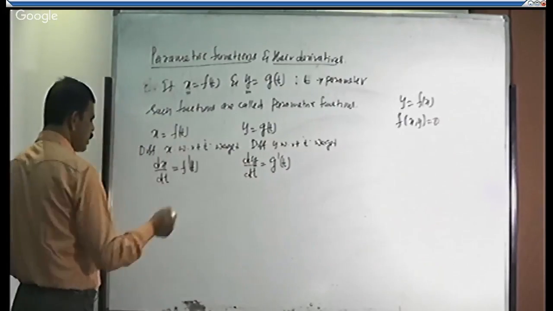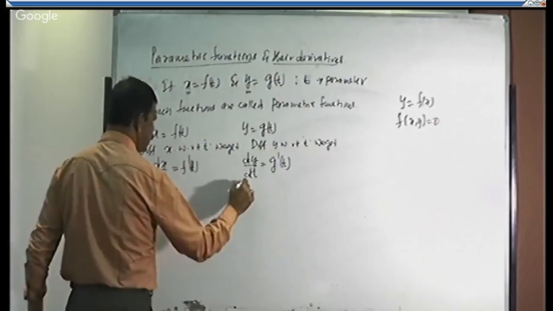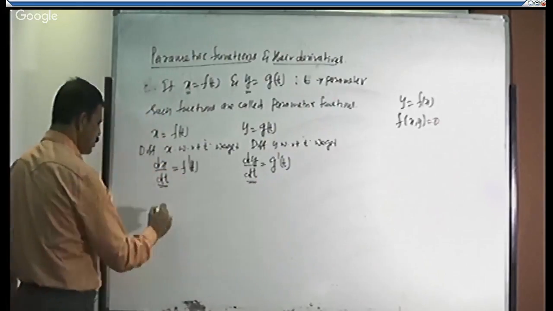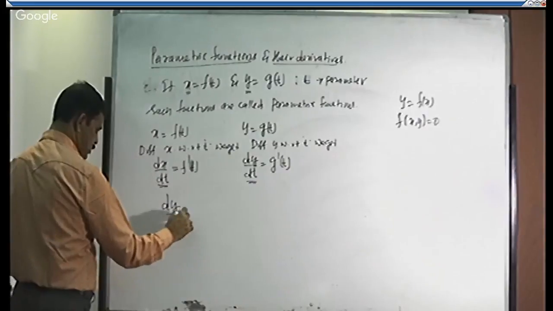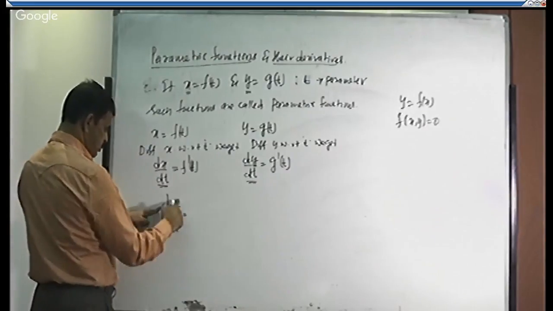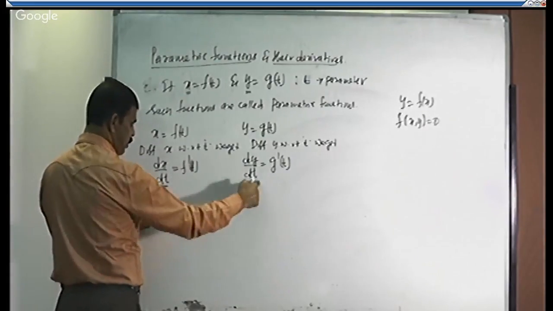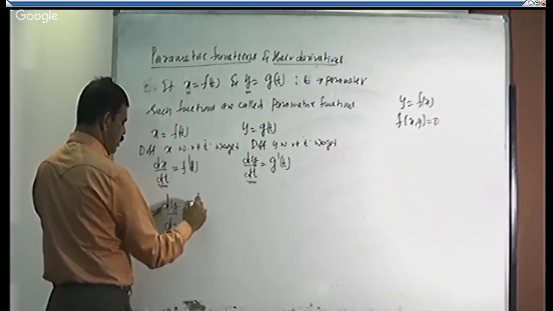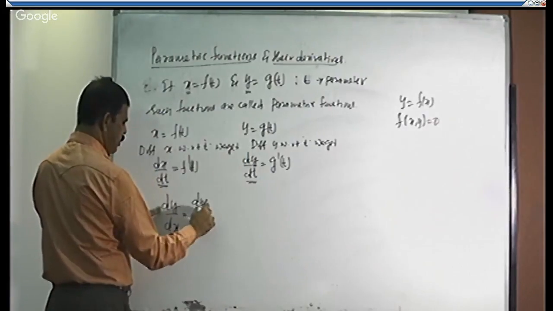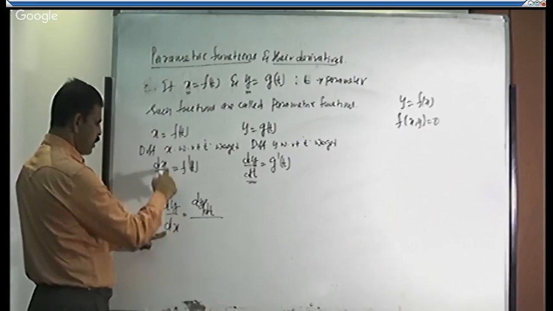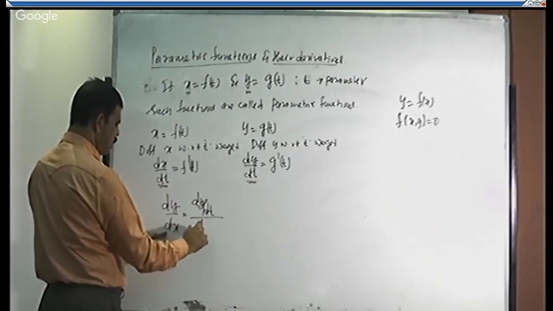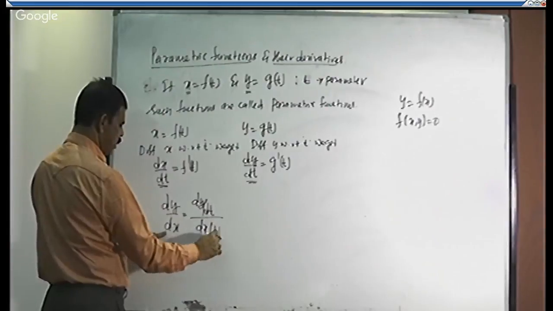By using these two, dx by dt and dy by dt, we will get dy by dx. So for dy by dx, take y first, which is expressed in the form of dy by dt. Write that first, then x: dx divided by dt.